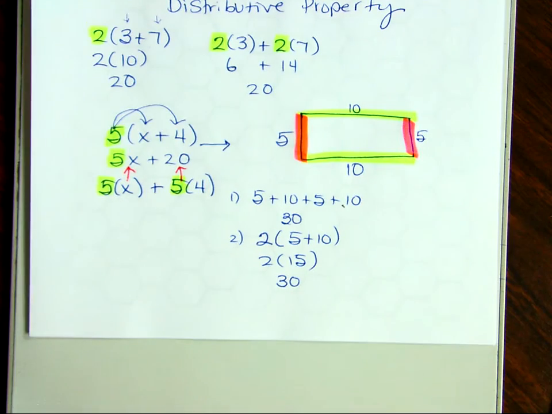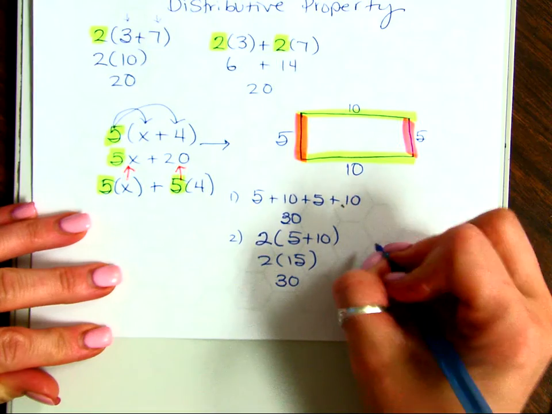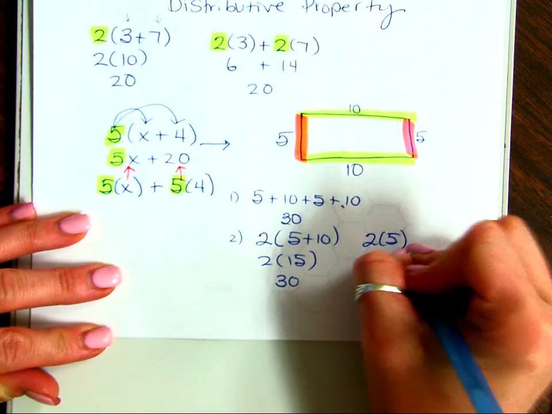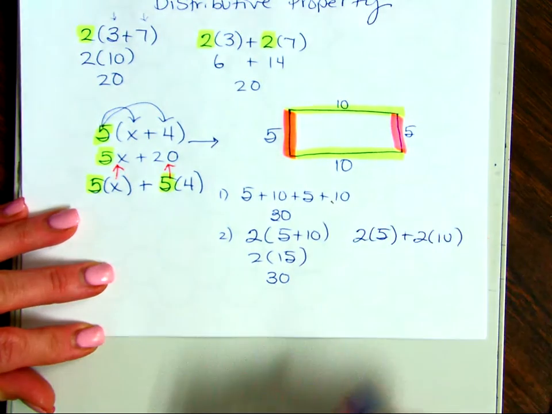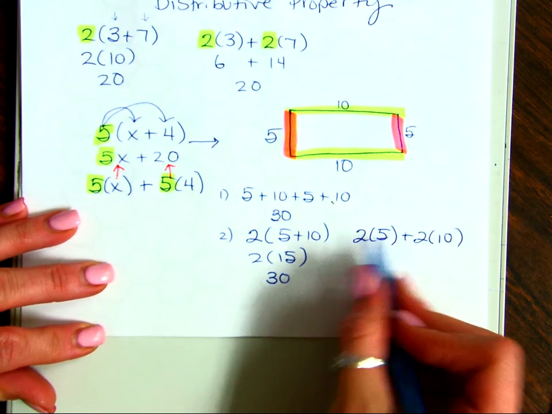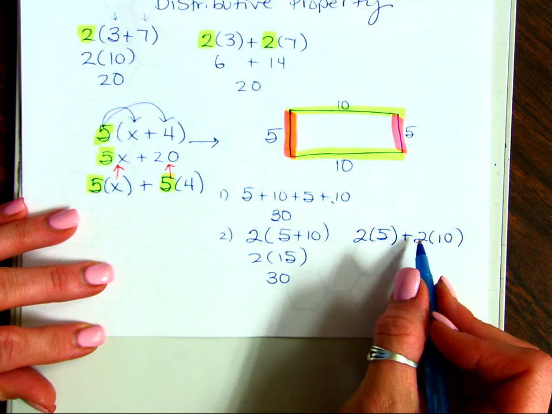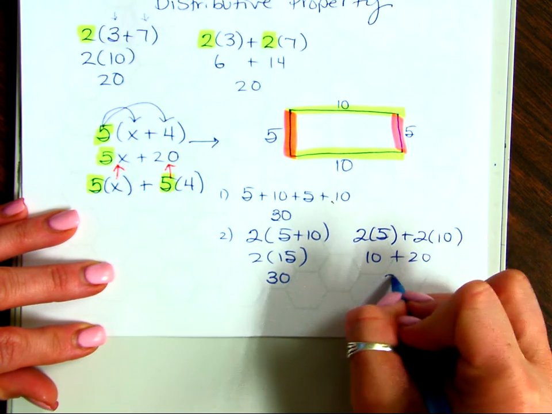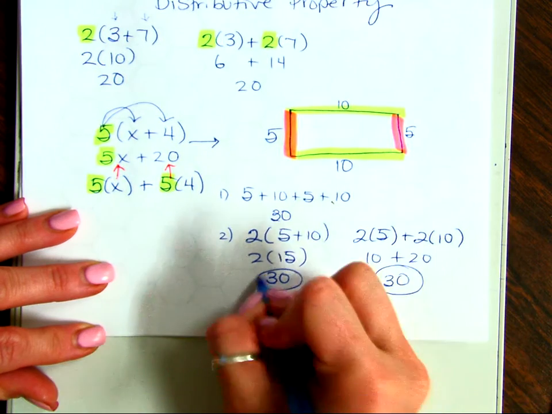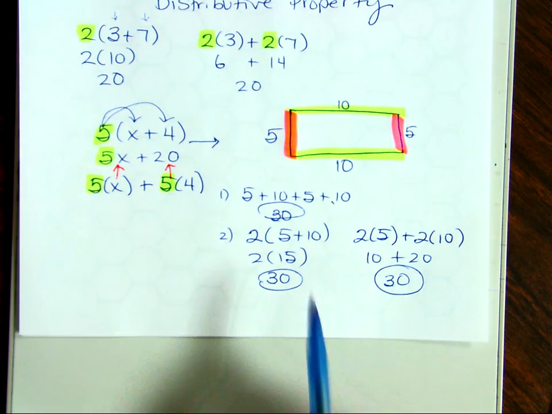Right? So if you have 2 side lengths of 5 added to 2 side lengths of 10, if you look at it, it's just the distributive property. You're choosing to do it this way instead of this way. You're still going to have 10 plus 20, which is 30. So all three ways, these two ways are a little bit more advanced.